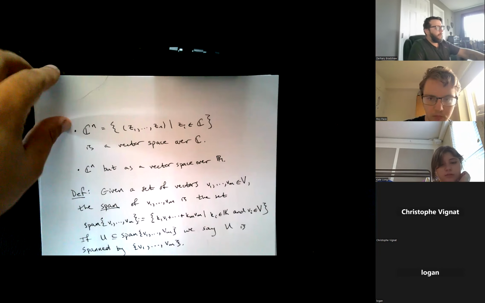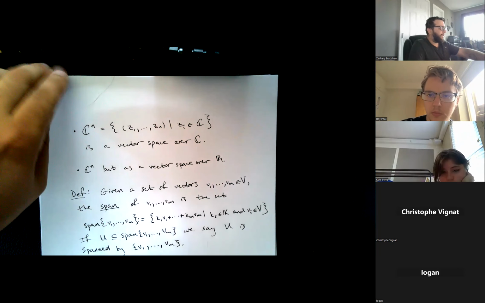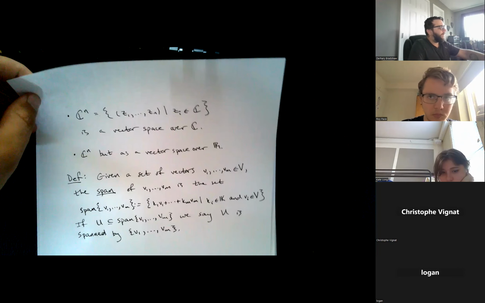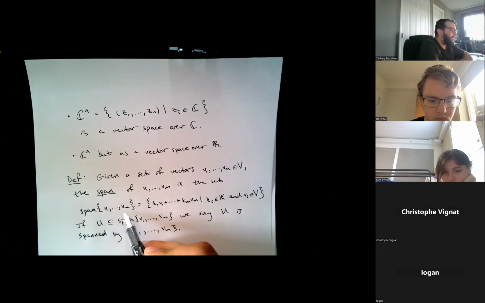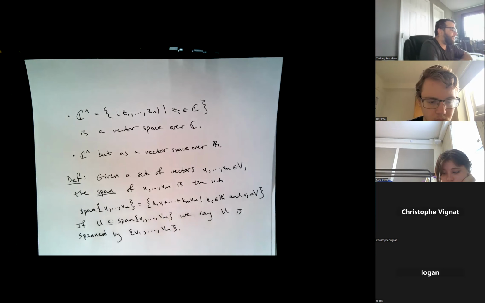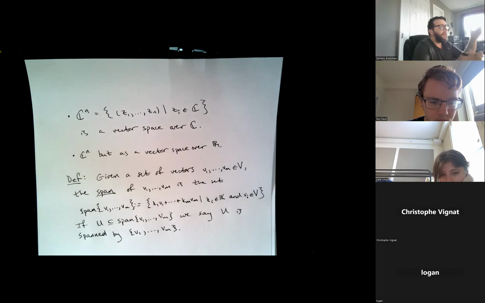So if given any element of U, I can write it as a linear combination of elements of the set v1 through vm, then it's spanned by that set. It's useful, if I have a vector space, to know a set of vectors that would span it, right? Because then I can write any vector as just a linear combination of this finite number of vectors.